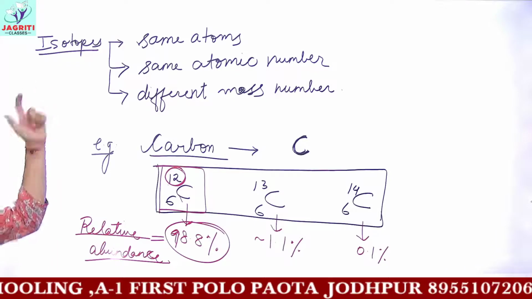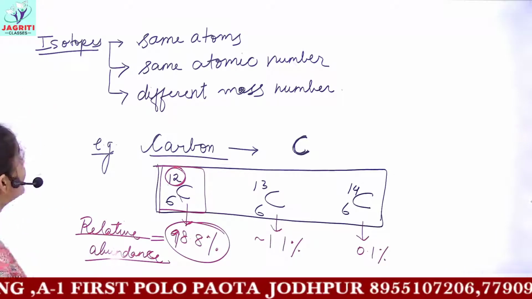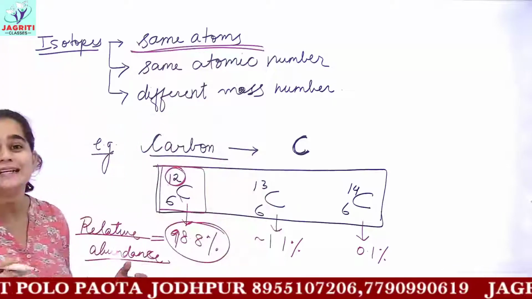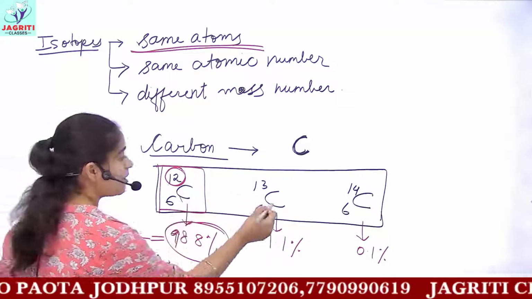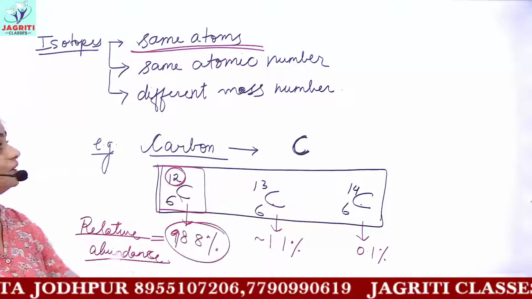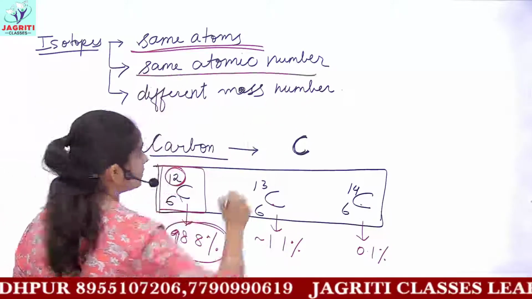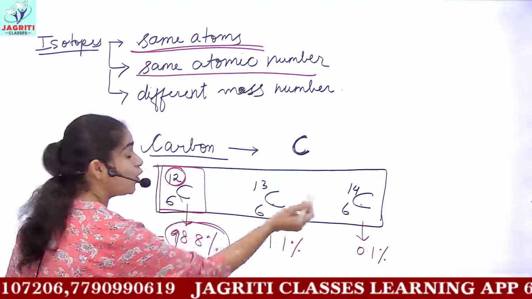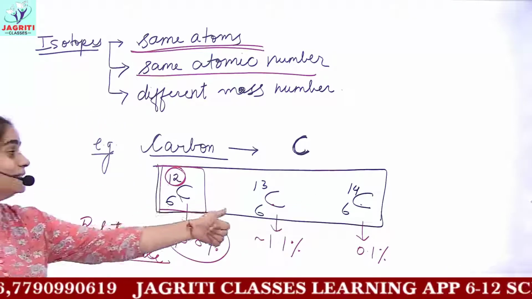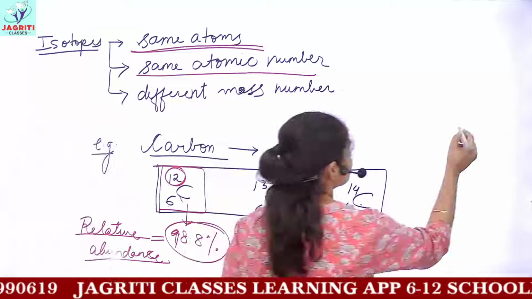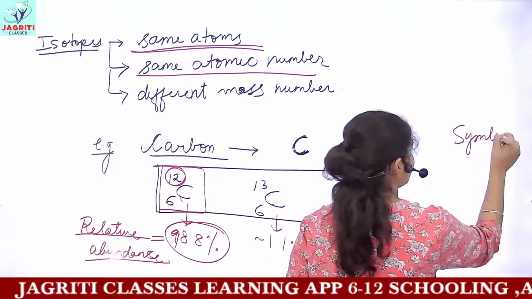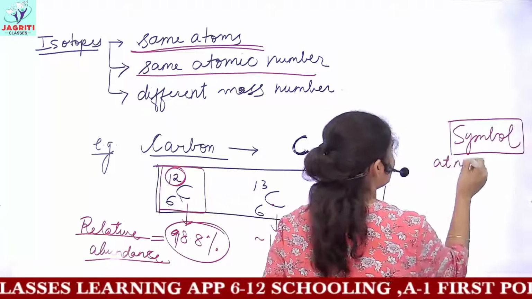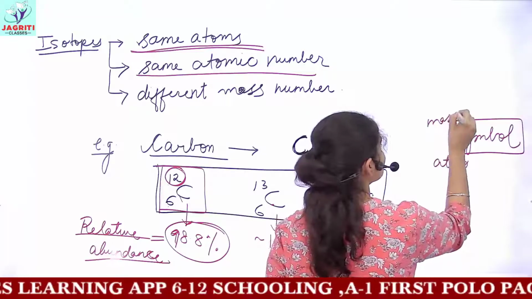So this is what isotopes mean. Isotopes belong to the same atom, that is, we have the atom carbon everywhere. They have the same atomic number. We have just discussed that the atomic number of all these carbon isotopes is 6. We write the symbol of the element, then below it you write its atomic number and above it the mass number.